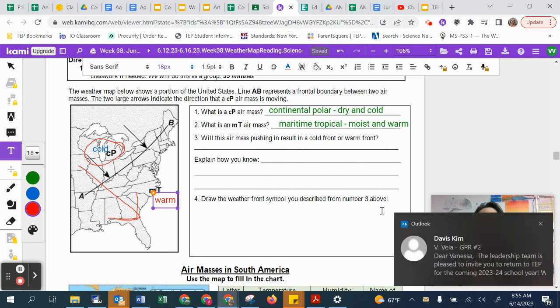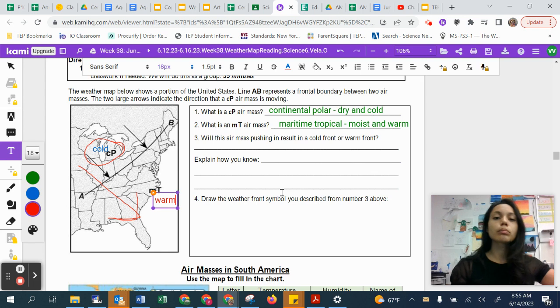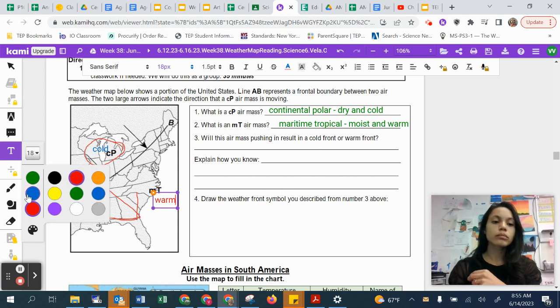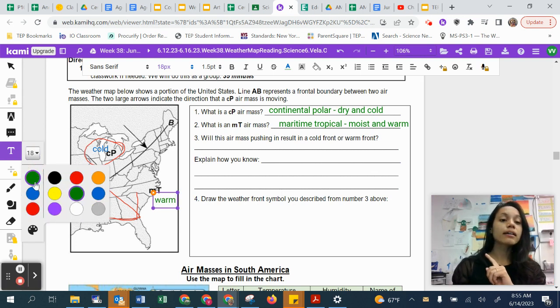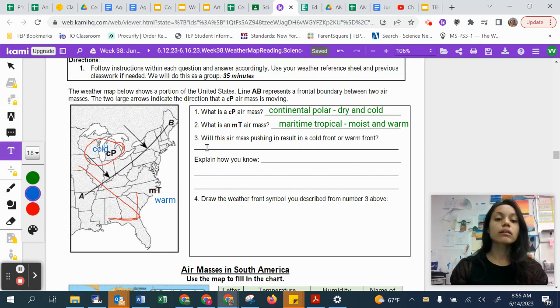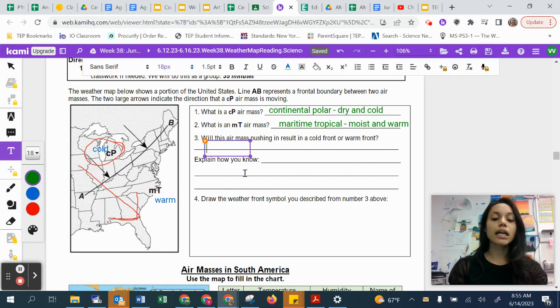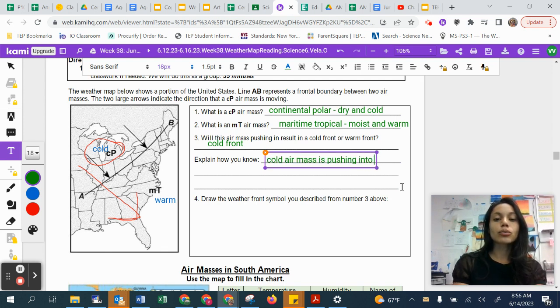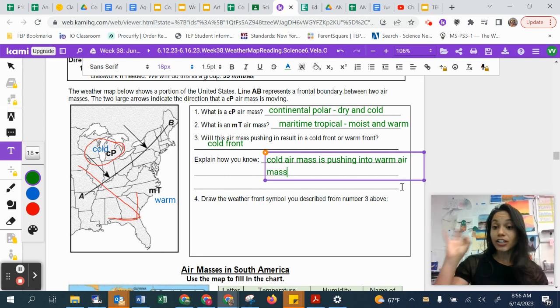Cold pushing into warm. If you guessed it and wrote it down, that's amazing: a cold front, because the cold is pushing into warm. In the explanation, that's when you're explaining how you know. The cold air mass is pushing into the warm air mass. If you explain it like that, you're golden.